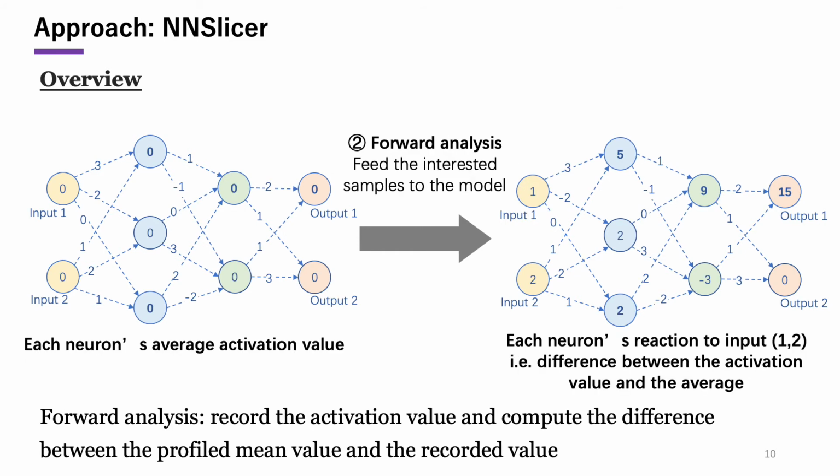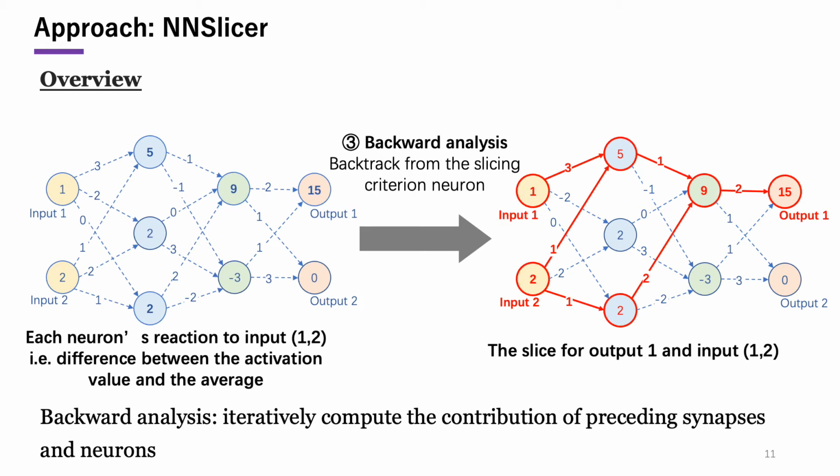In the forward analysis stage, NNSlicer records the activation value and computes the difference between the profiled mean value and the recorded value. Finally, in the backward analysis stage, NNSlicer iteratively computes the contribution of preceding synapses and neurons.